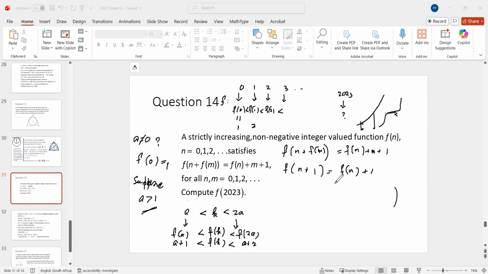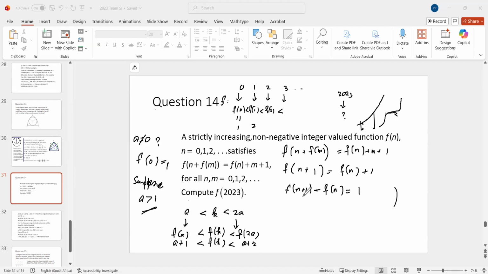Now you got a very interesting equation. You got that f of n plus 1 minus f of n is 1.